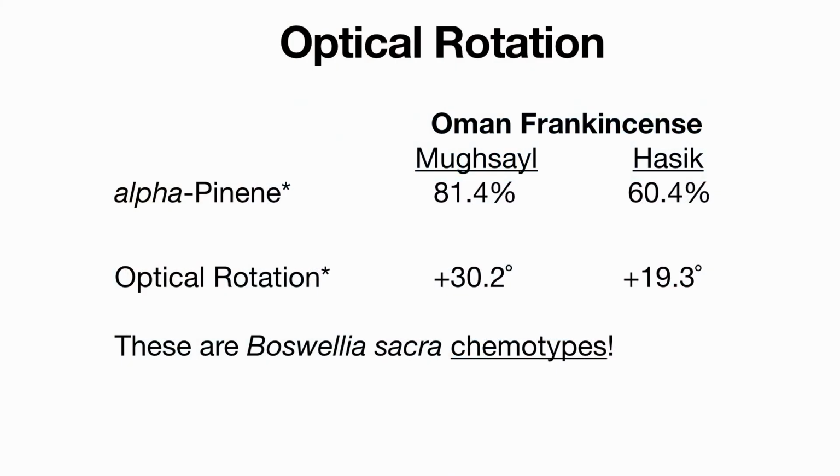So when we did the study, we found that the optical rotation for Mughsal, which had high alpha pinene, was plus 30 degrees. And the optical rotation for Hasek was lower, plus 19 degrees. But remember that the alpha pinene levels were different.